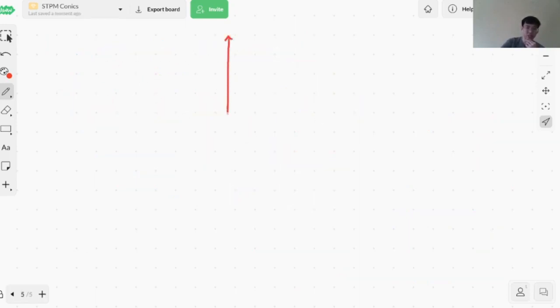So meaning to say, this is the graph, and this is the focus, the S. If there is a focal chord, the chord will go through the focus and form like this. Alright, this is called the focal chord.